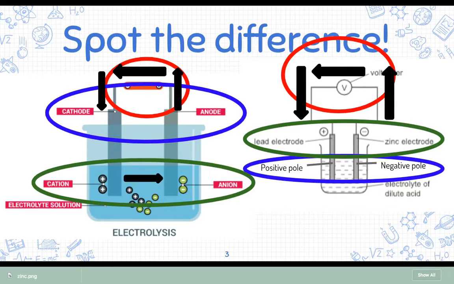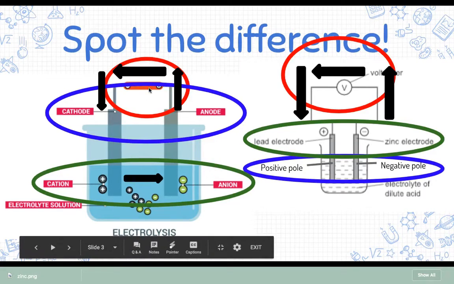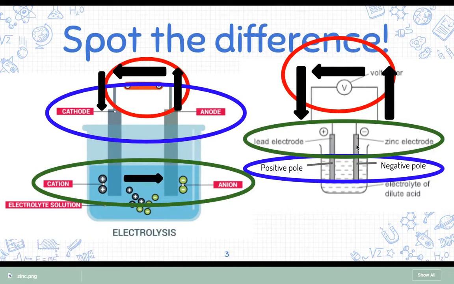It's entirely different because what's generating your flow of electrons is entirely different. What's generating your flow of electrons over here is your battery. What's generating your flow of electrons over here is your negative pole.